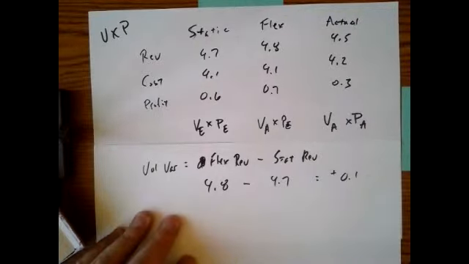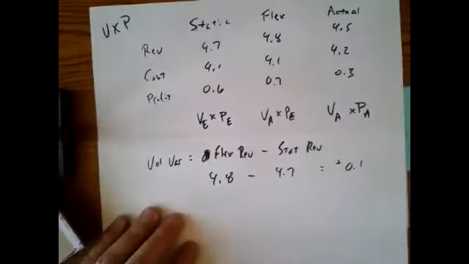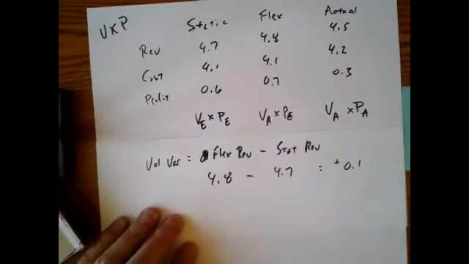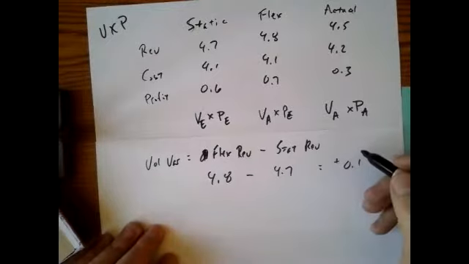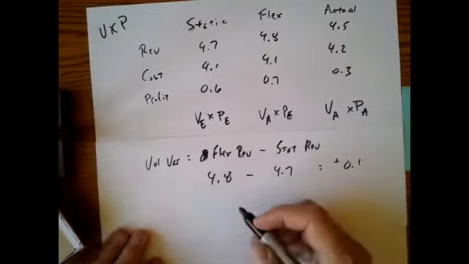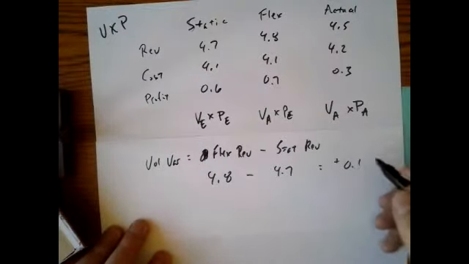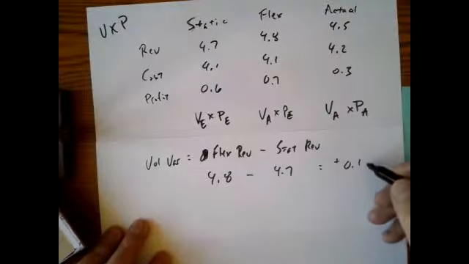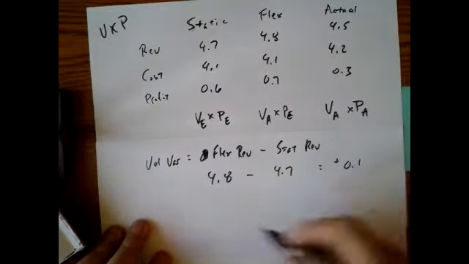Okay, but we remember our revenue variance is negative 0.2, so that must mean that our revenue variance is coming from changes in price, not changes in volume. The positive volume variance is being offset by a much more significant fall in price, because volume actually appears to be up a little bit.